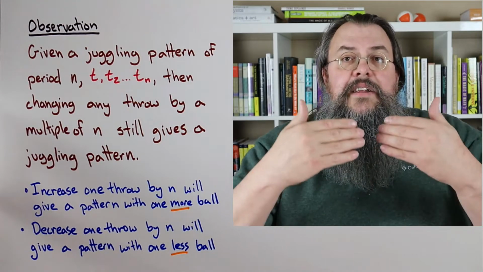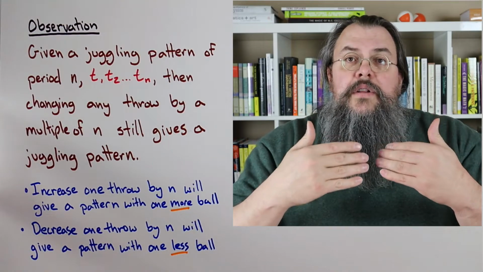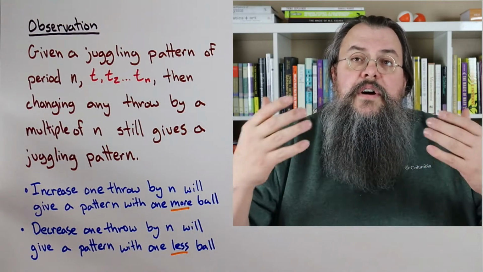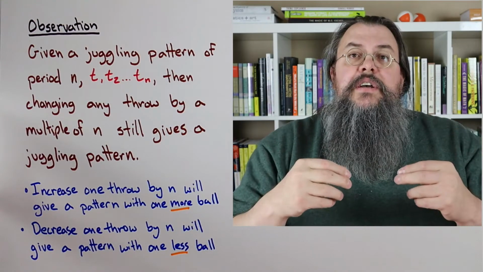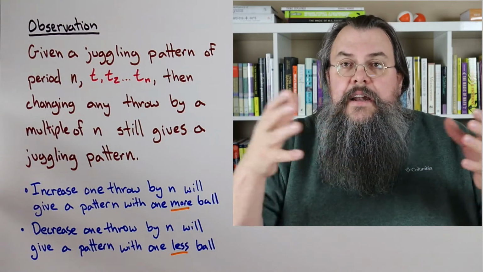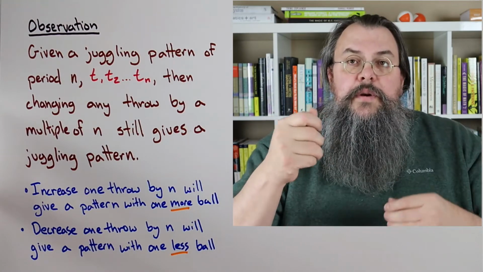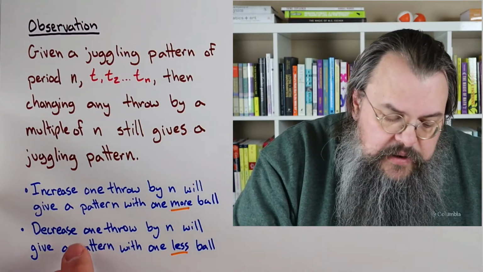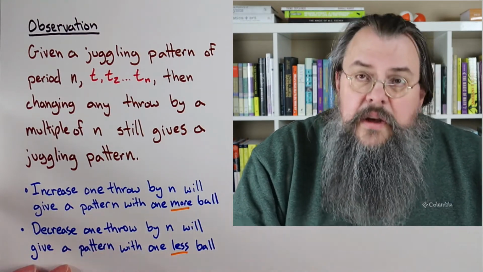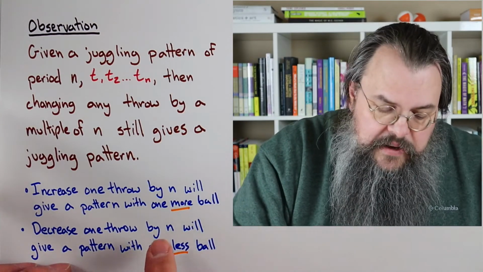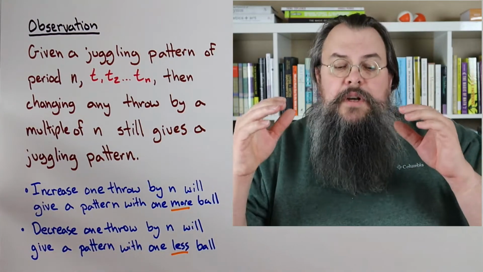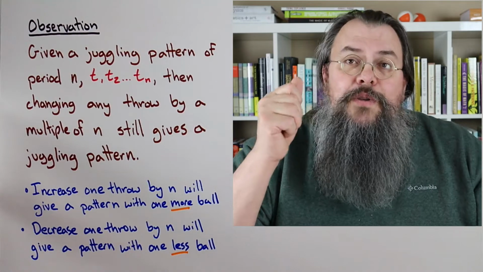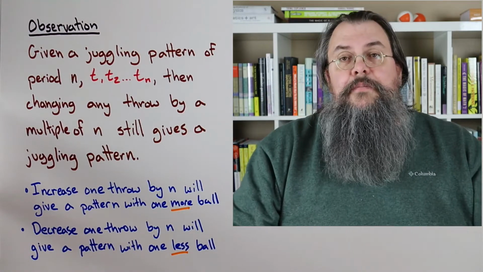So when we add n to one throw, the net result when we take the average is adding 1, because remember we add up all the throws and divide by n, so we add 1. So that's why the number of balls goes up by 1. Same idea, if we decrease one single throw by n, then we're going to have a new pattern with one less ball.